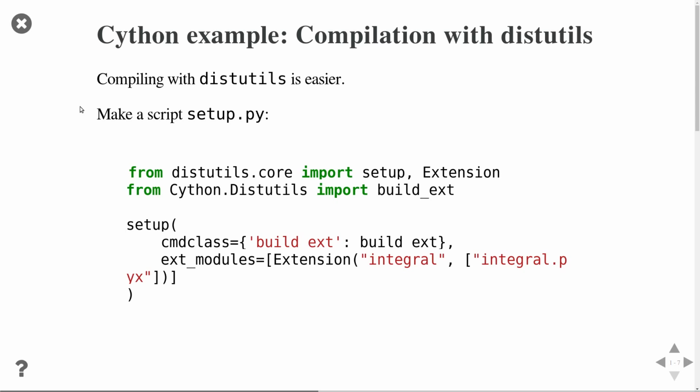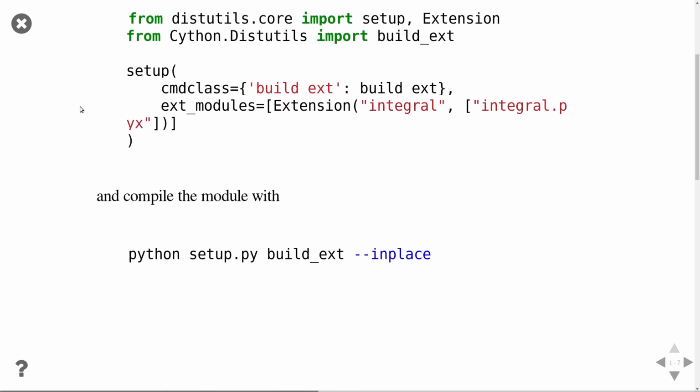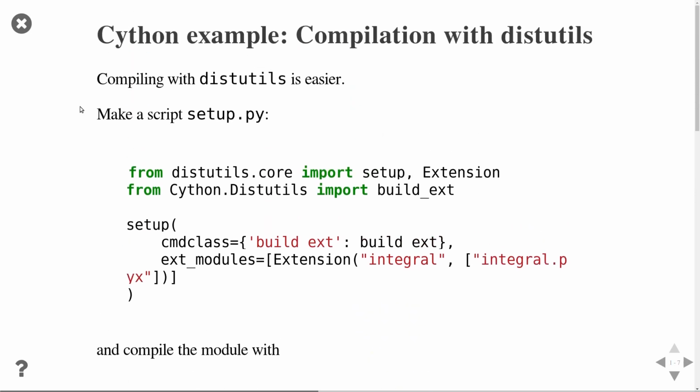So I just create a setup file where I list all my pyx files that I'm interested in. Then I can call python setup.py build_ext --inplace, and that will automatically Cythonize my pyx file and compile it and generate the shared module so that I can load it up.